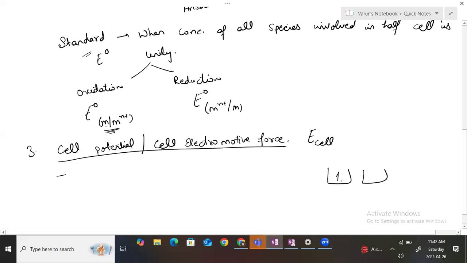The potential difference of one and the potential difference of two, their difference is called the cell potential. It is the potential difference between electrodes.